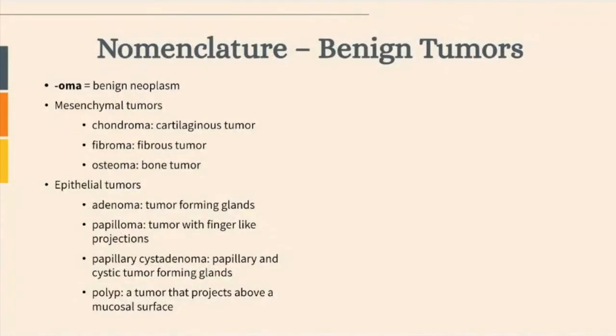Okay. So the benign tumor, when you see the nomenclature, belongs to the benign neoplasm. Mesenchymal tumors, for example, chondroma, the cartilaginous tumor, fibroma is a fibrous tumor, osteoma is a bone tumor. And epithelial tumors, which derive from the epithelial cells, are adenoma, forming glands because it is located in the glands, papilloma, papillary cystadenoma, and polyp.